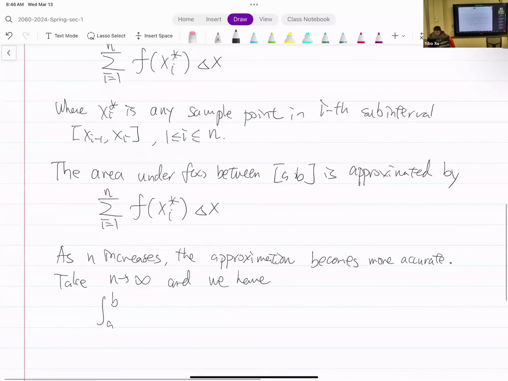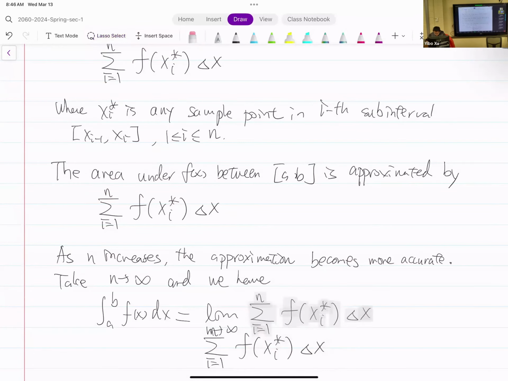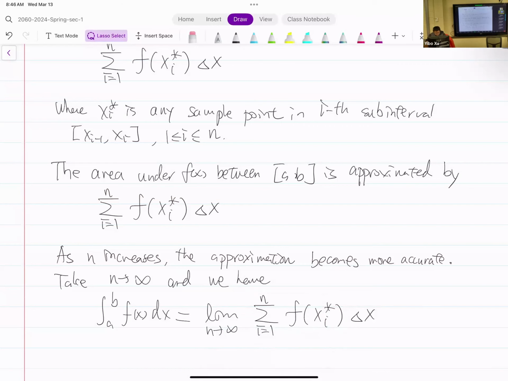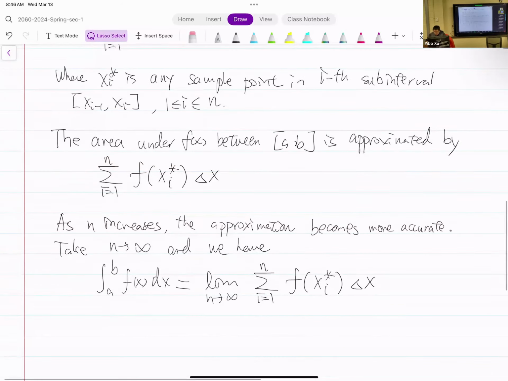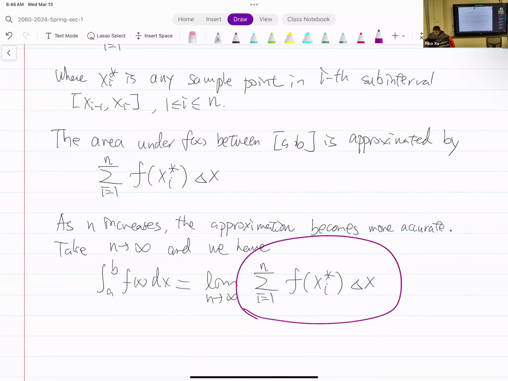So the integral from a to b of the function f of x dx equals the limit when the number of subdivisions approaches infinity of the Riemann sum. Okay. And you see that the definition of the definite integral has the form that's really the form of the Riemann sum, right?